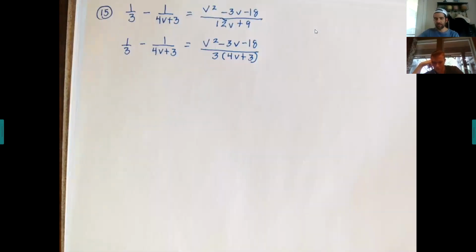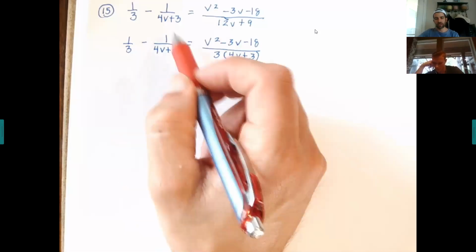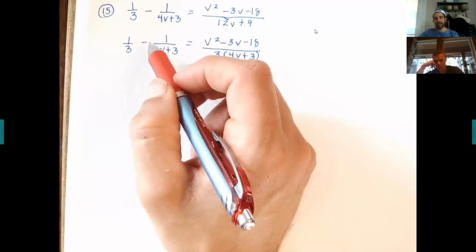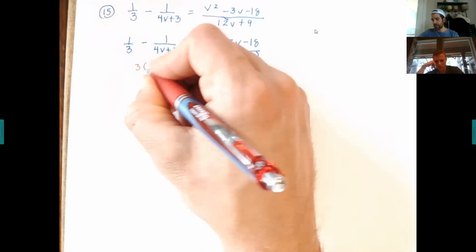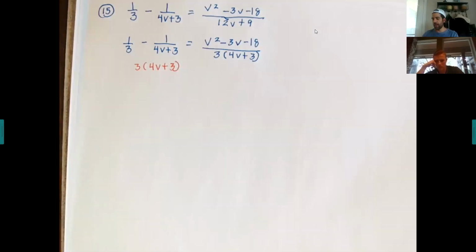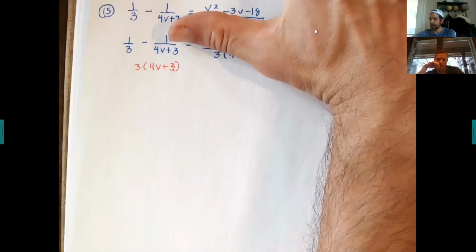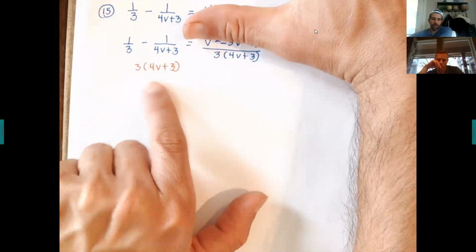So let's look at this again. Here's my advice to you. Find the common denominator between two fractions first. I know that my common denominator for both of these, I could write it here if I want to. And then I have to compare this denominator to that one. Like, what do I need here that I don't have here, and vice versa?